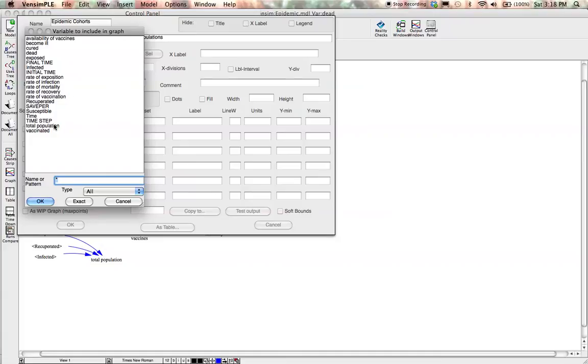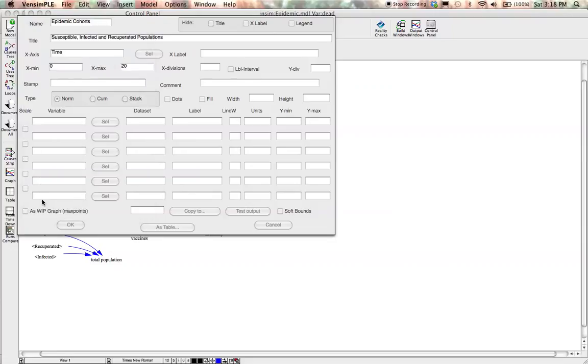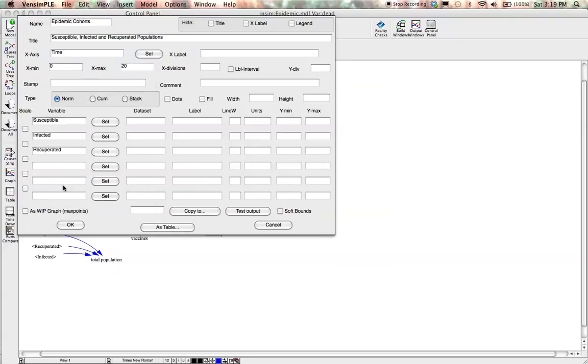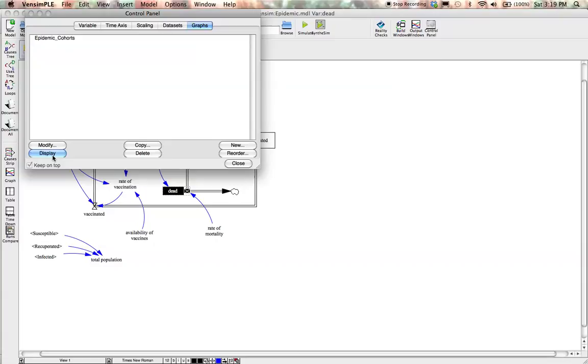Let's look at the susceptible. That's one variable. Let's look at the infected, and let's look at the recovered, or the recuperated. Okay, let's do that. Let's OK out of this, and let's display it. Select it and display it.